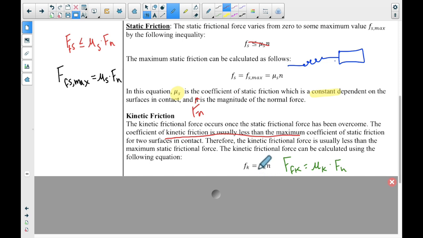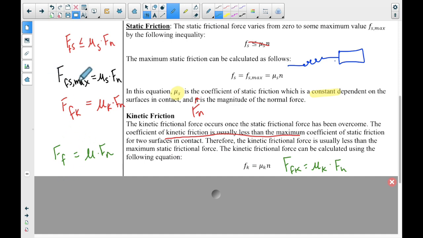The equation for kinetic friction is very similar again. I can write it over here. It's the kinetic friction, but we're still taking the mu times the normal force. So if you were memorizing a general formula, which you don't have to because it is on our formula sheet, you would just say that the frictional force is mu times the normal force.